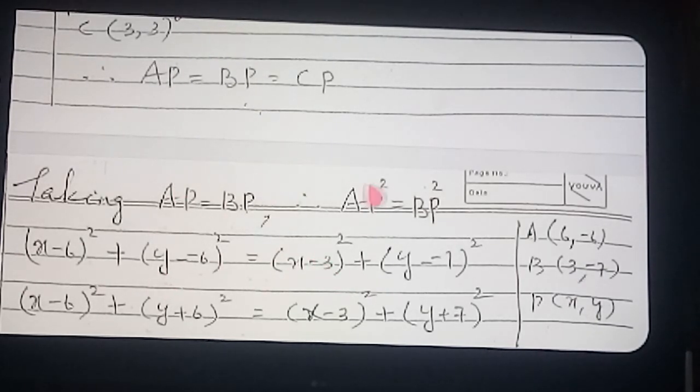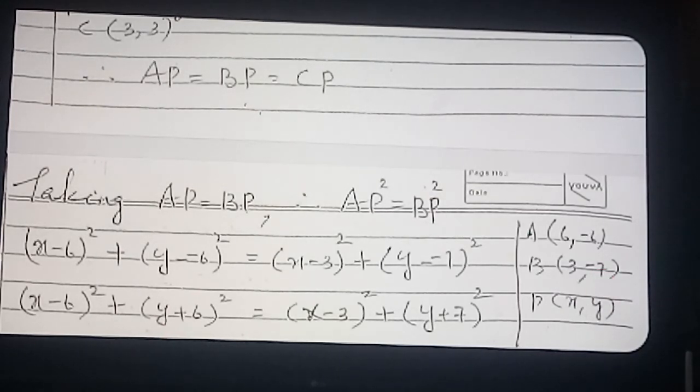Okay, so I have written ABP here for our convenience. First we can find AP square, I have written the LHS part. AP, A and P: (x minus 6) the whole square plus (y minus 6) the whole square is equal to, now BP, B and P: (x minus 3) the whole square plus (y minus 7) the whole square.